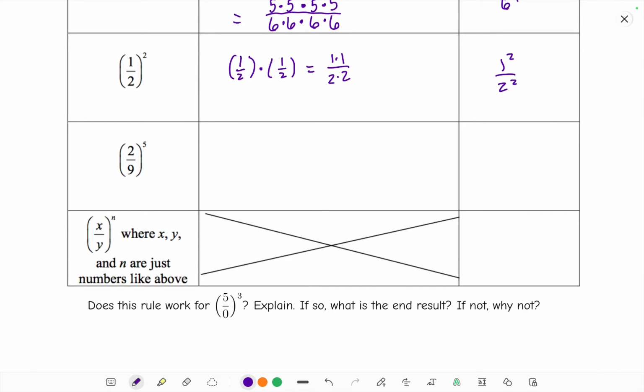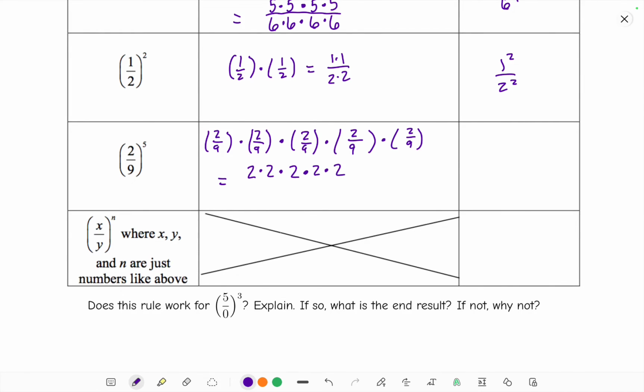Next problem is (2/9) to the 5th. So that's 2/9 times 2/9 times 2/9 times 2/9 times 2/9, which equals 2 times 2 times 2 times 2 times 2 over 9 times 9 times 9 times 9 times 9.